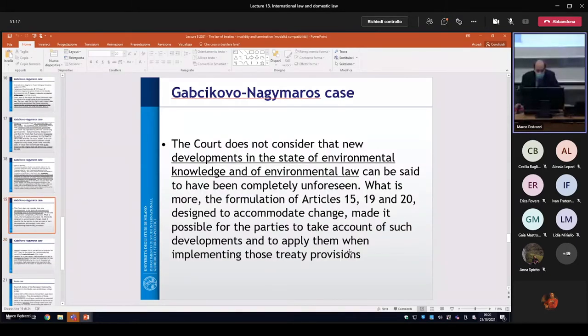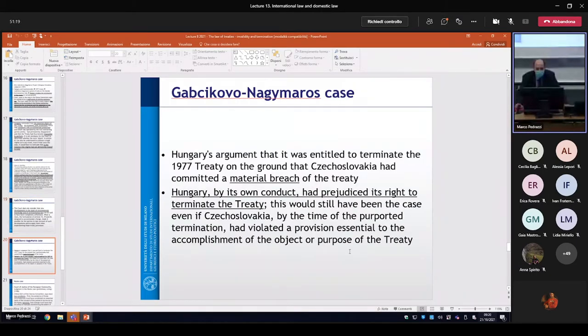Then finally, Hungary claimed that it was entitled to terminate the 1977 treaty on the ground that Czechoslovakia had committed a material breach of the treaty. Now, the point is that after Hungary declared to withdraw from the treaty, Czechoslovakia had diverted the waters of the Danube in a certain area.